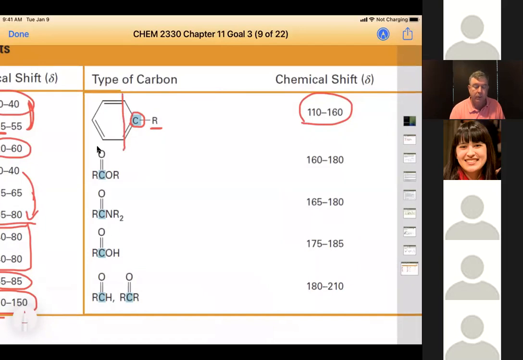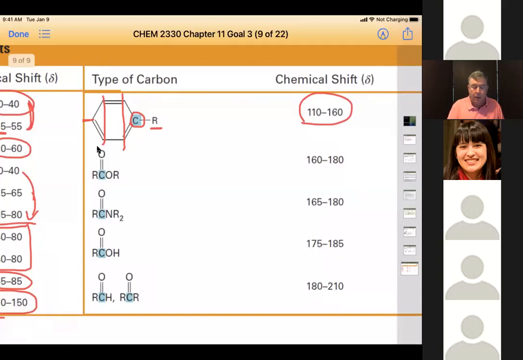These are equivalent, those are equivalent, and then that's there. So we might end up with four peaks just by adding one thing to the benzene ring. So if you have to do an NMR of benzene, keep track of where the substituent is to make sure you have the correct number of unique carbons.